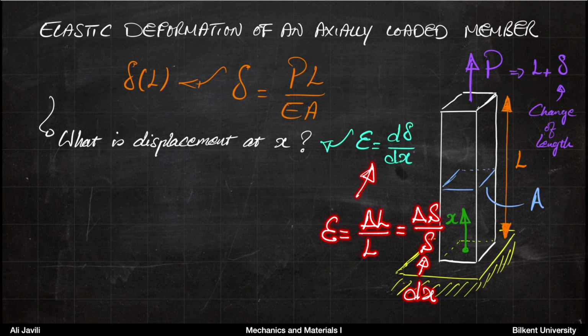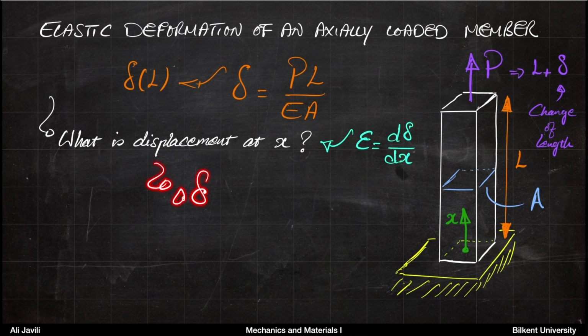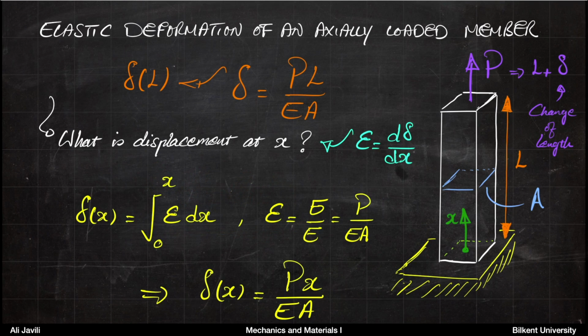So the change of dx would be d delta, and dx itself is like the length increment. In other words, d delta is equal to epsilon dx. If you integrate this, you should be able to calculate delta. So delta at x is the integration of epsilon dx from 0 to x.